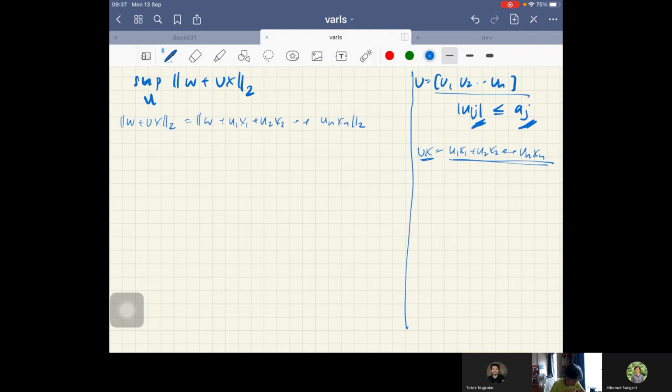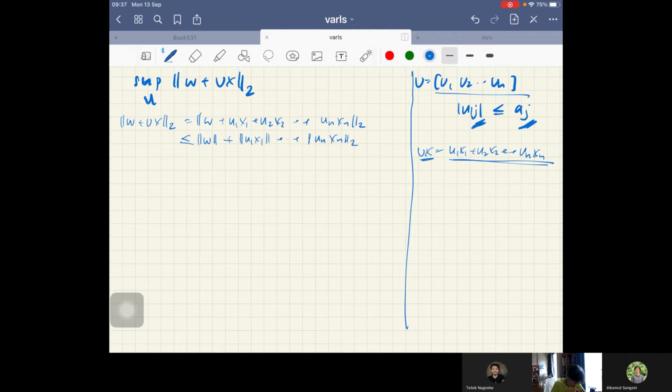Now, again, what we're trying to do is find the supremum over U, or find an upper bound of these two norms. The first inequality to find the upper bound is to apply the triangle inequality of a vector. The triangle inequality says that this is bounded by the norm of w plus the norm of u1x1 dot dot dot plus the norm of unxn.